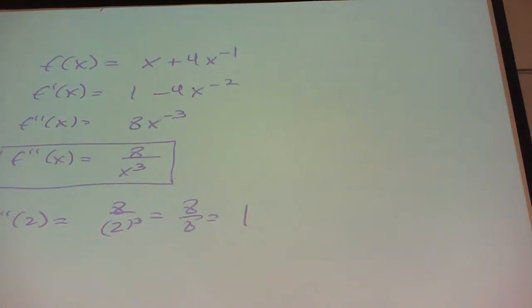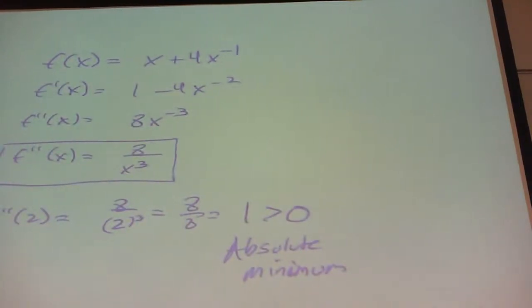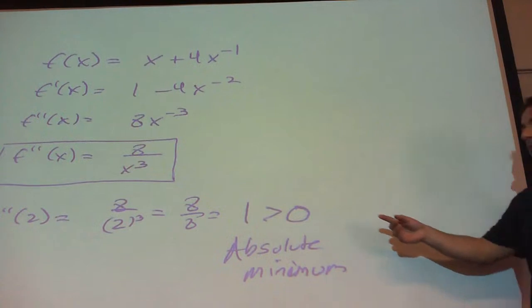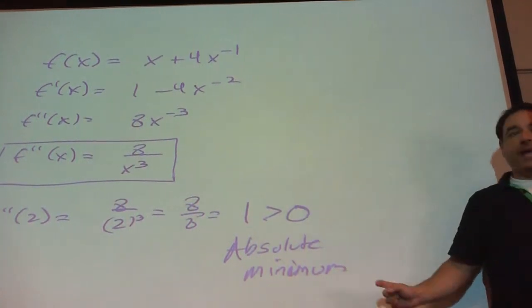And again, I think nice to know. But if you take the number, which is 2, what we found, plug it into the second derivative, since that number is greater than 0, you have an absolute minimum. If the result was less than 0, you would have an absolute maximum.